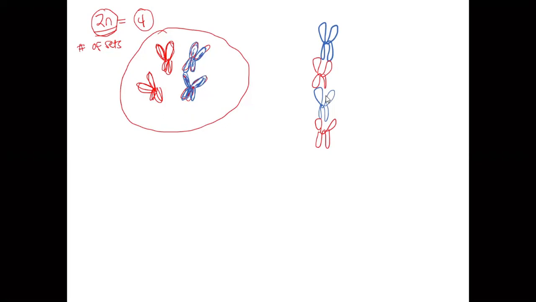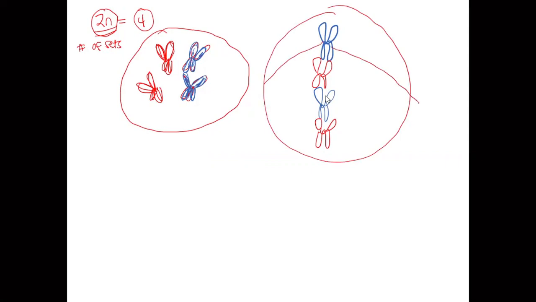And then in the anaphase stage, as we've mentioned before, they will be pulled apart. Okay, so what will be pulled apart? The sister chromatids. So this portion, okay, let me just change the color.